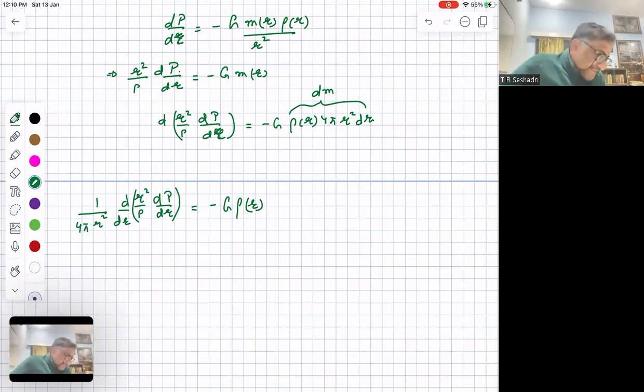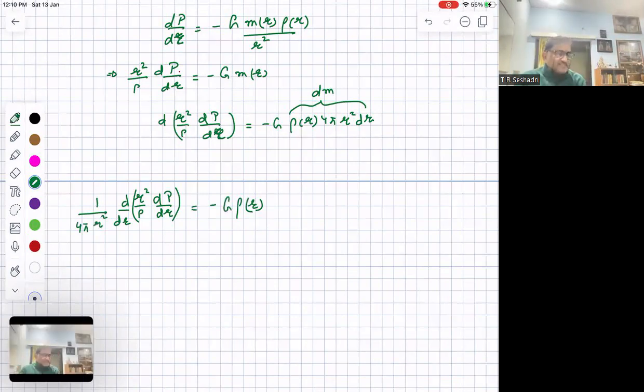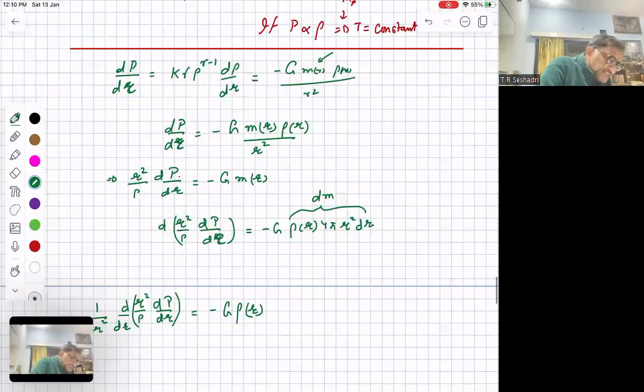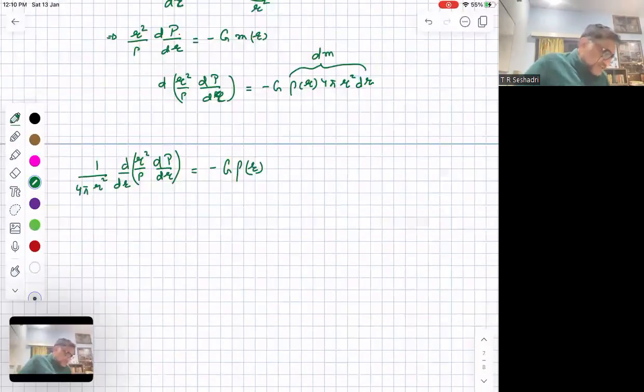Okay? Yeah. Now, you see what has happened. It has now become a second order differential equation. Increasing the order of the differential equation is the price you are paying for converting this integral equation into a differential equation. Because here, this m of r has an integration. It is to remove this that you need to convert into a second order differential equation. So this is what you get.